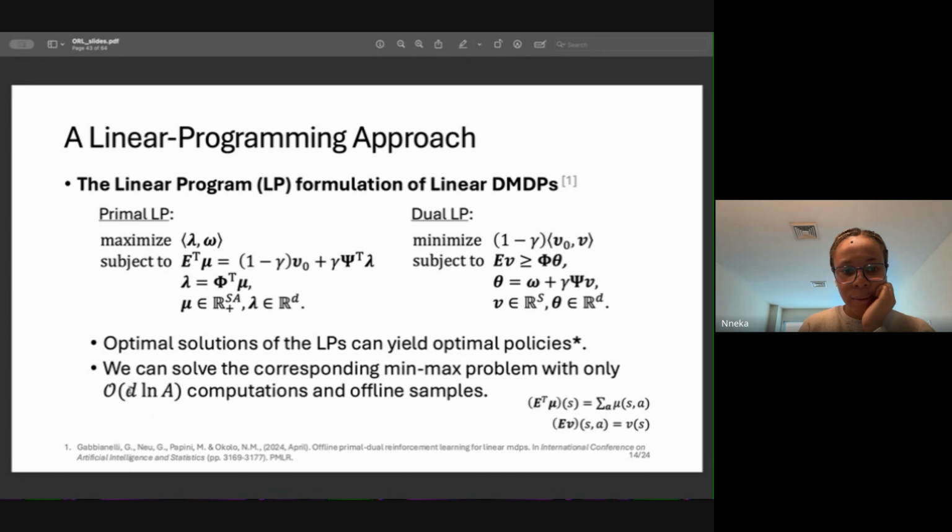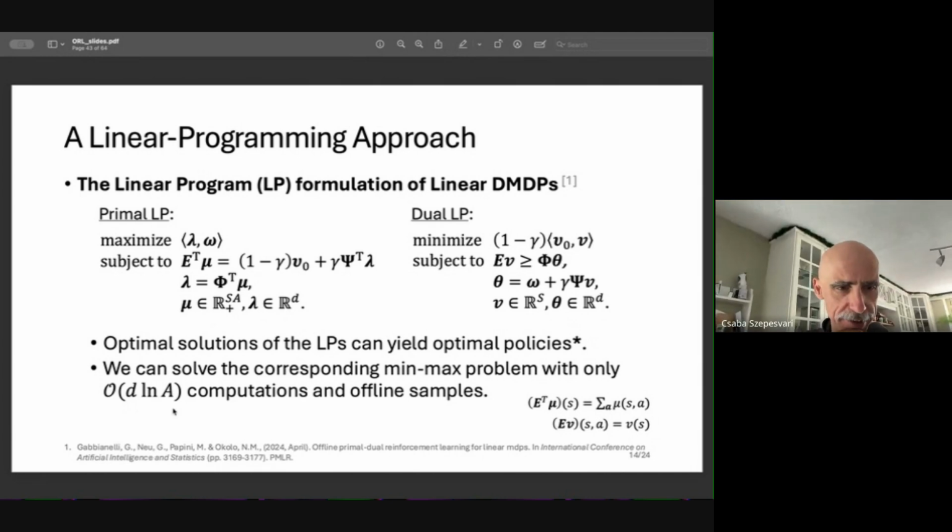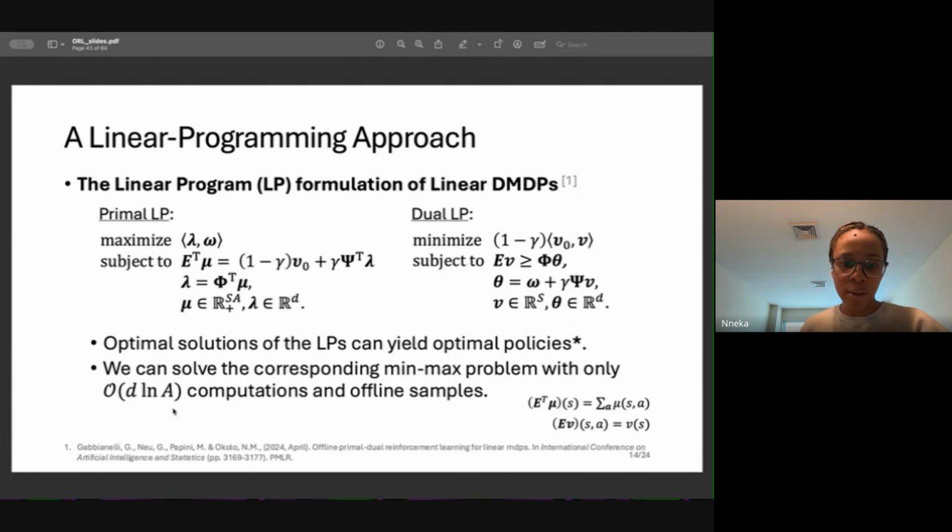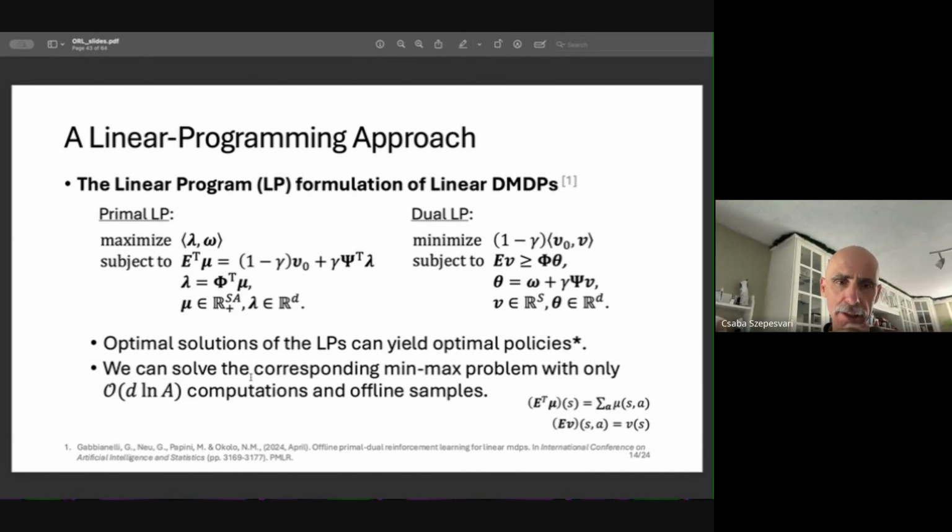I'll just admit that I should have written poly d log a. So this is not the true complexity. I was just trying to summarize what was done in this paper. Yeah, no, I understand, and I understand it a little better now.